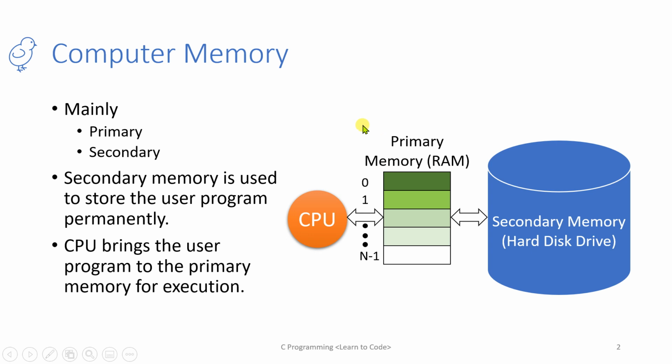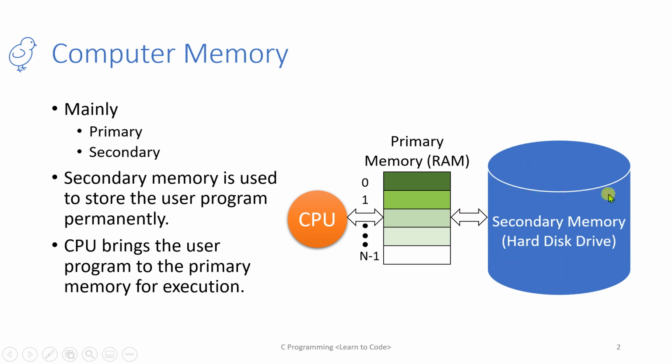Okay. If you are a programmer and you are going to write a program, then you need to store that program somewhere in your computer. And later on, the next day, if you want to see that program, it must be there in the computer system. So to permanently store your program, you have to use the secondary memory.